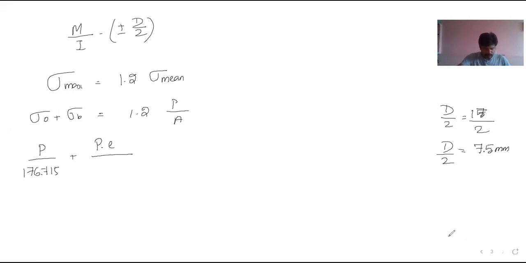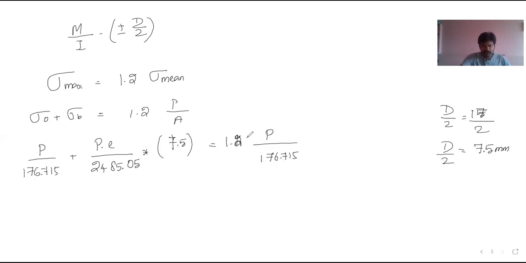M, we know, is P into e, and M by I, with the I value we have got, 2485.05, into Y. Y is nothing but D by 2, so it is 7.5. We have known that. Then 1.2 into P by A. P we don't know, and the value of A is 176.715.